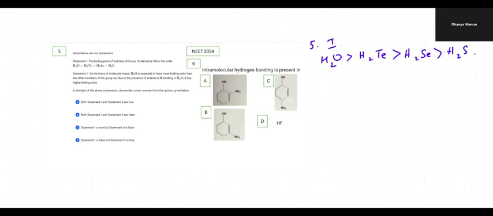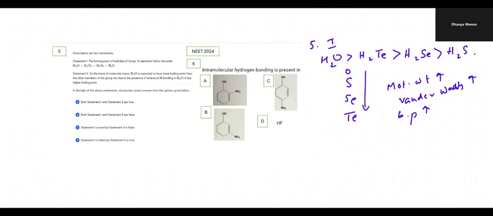So this is group 16: oxygen, sulfur, selenium, tellurium. As you're coming down, the molecular weight is increasing, so van der Waals force also increases. So boiling point increases. So I'll write in the order as it is written in the question.